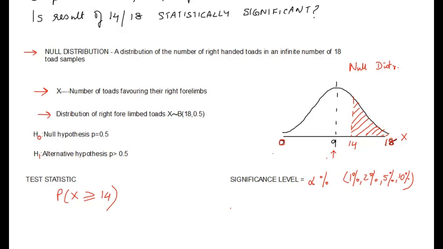On our null distribution, if the toads had no preference of limbs, what are the chances that we'll end up with a value of 14 out of 18 or better than 14 out of 18? So 15, 16, 17 and 18 out of 18.